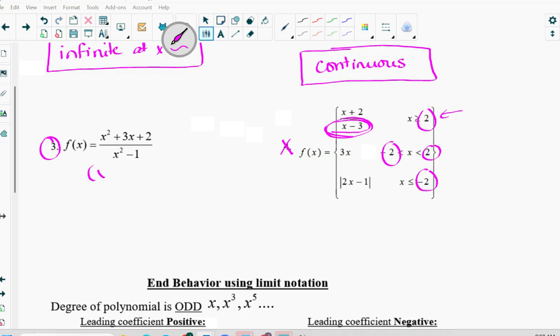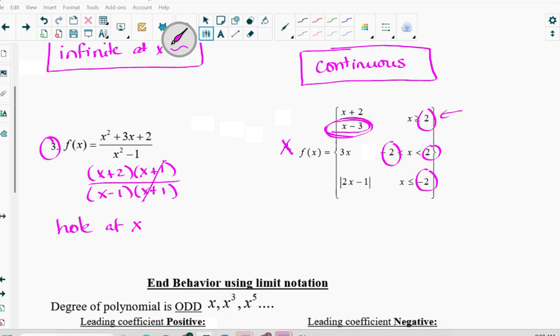All right, guys, if we factor, we get x plus 2, x plus 1 over x minus 1, x plus 1. You have 2 different discontinuities. Where is the hole or removable? -1. What got canceled out?